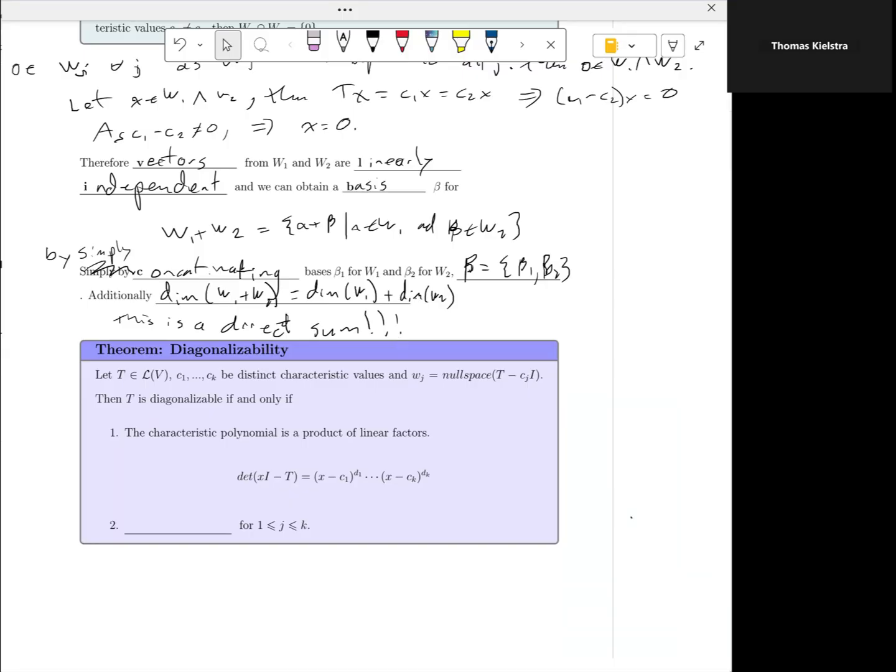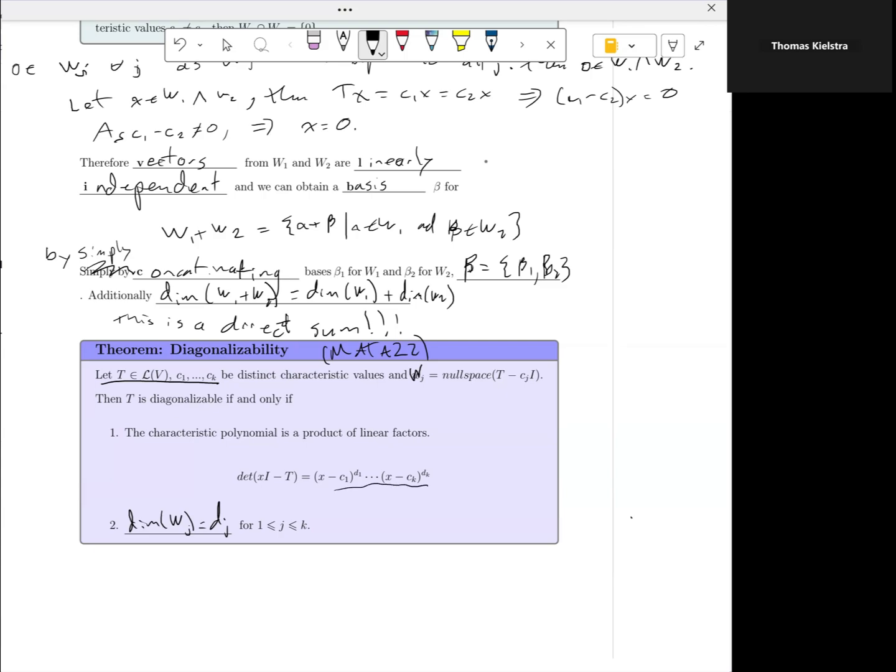This gives us our big diagonalizability theorem from MATA 22. Okay. If T is a linear operator and c1 through ck are distinct characteristic values, and Wj equals the null space of T minus cj, then T is diagonalizable if and only if the characteristic polynomial equals x minus c1 to the power d1, all the way to x minus ck to the power dk, and the dimension of Wj equals dj for each of these characteristic spaces.